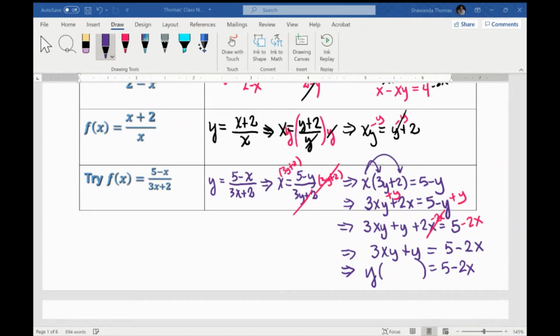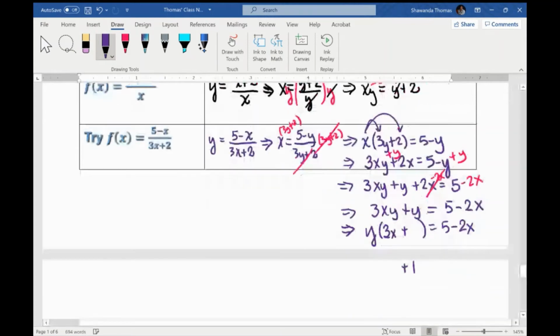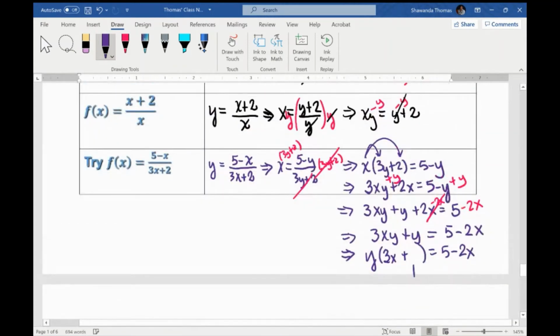It'll be 3x plus 1. All right, Monisha, okay, I see you. 3x plus 1 is correct.